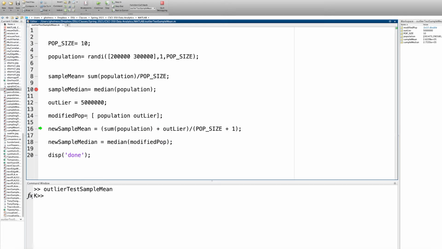Now we're going to compute a new sample mean. We're going to sum the population, add the outlier to it, and then divide by the original population size of 5 plus 1.